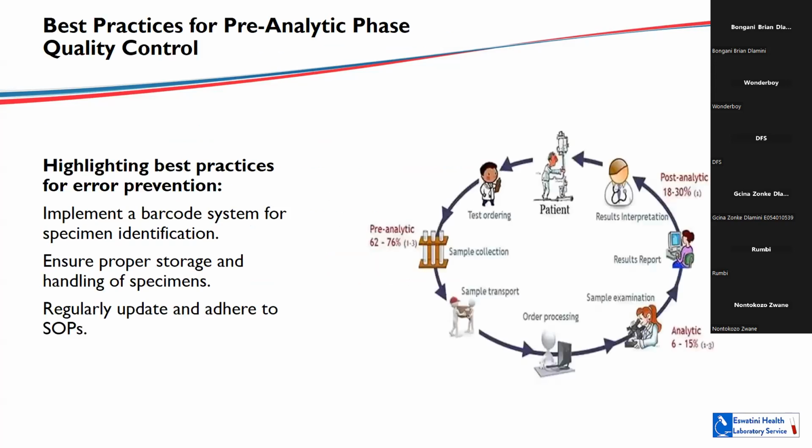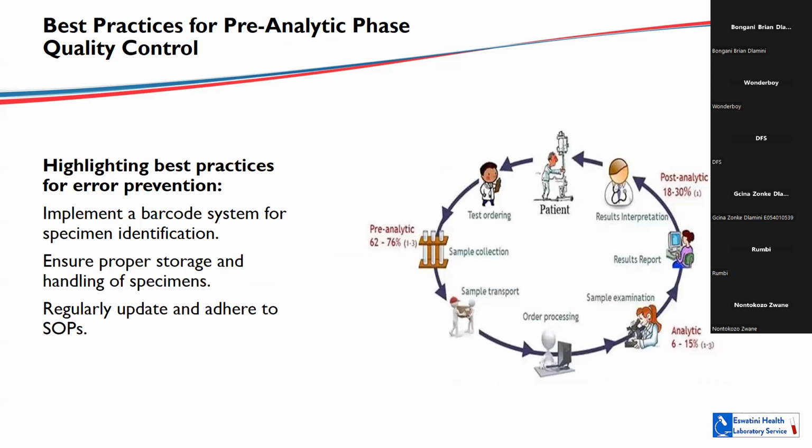So let us look at some highlighted best practices in the pre-analytical phase as far as error prevention is concerned. We are lucky in the EHLS because we have the barcode system for specimen identification, so it makes life easier.